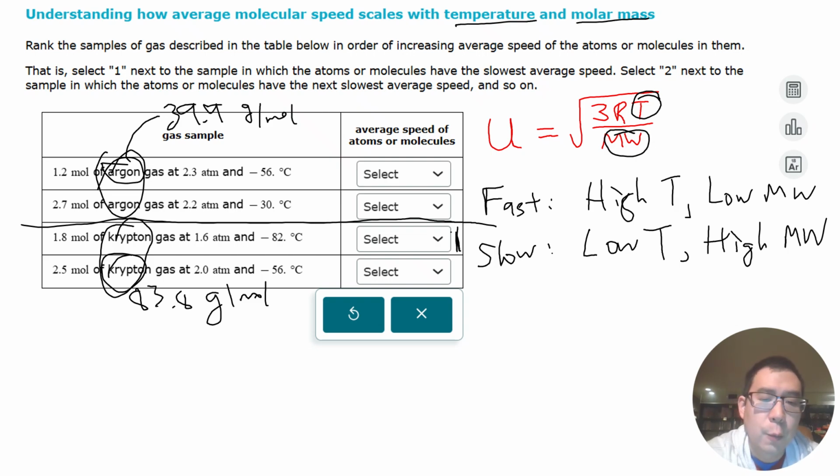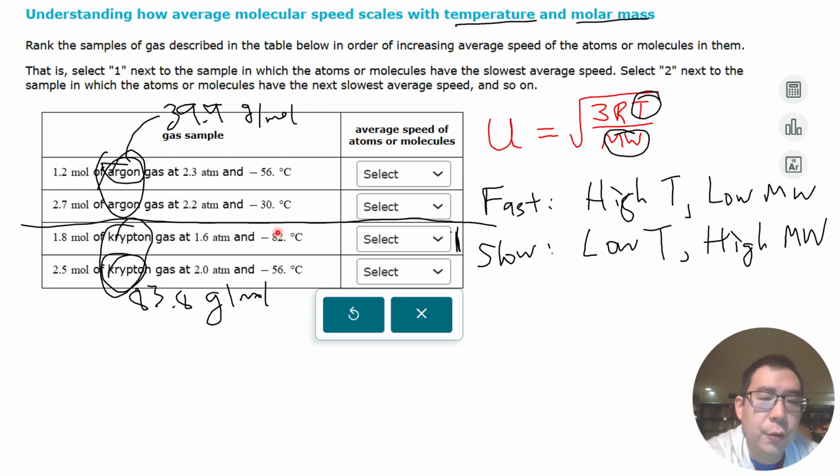Then we move on to krypton at negative 56. And I guess we can also think about the argon at negative 56 because they're the same temperature. They're the next highest temperature after negative 82. So we have two negative 56 temperatures, and those are probably next.